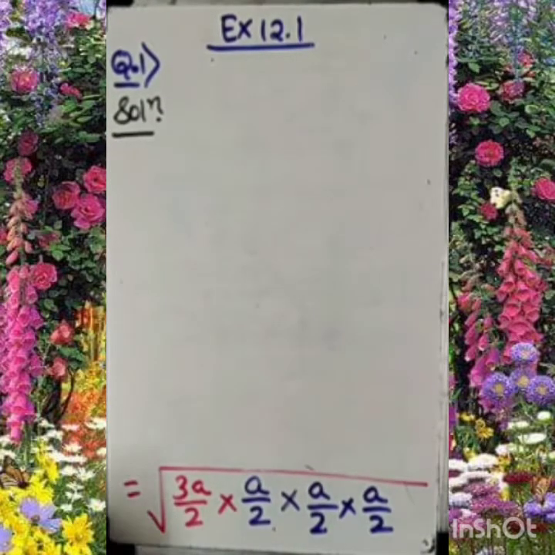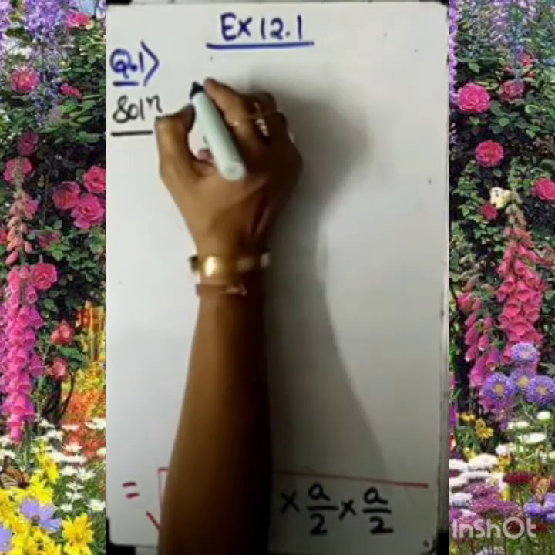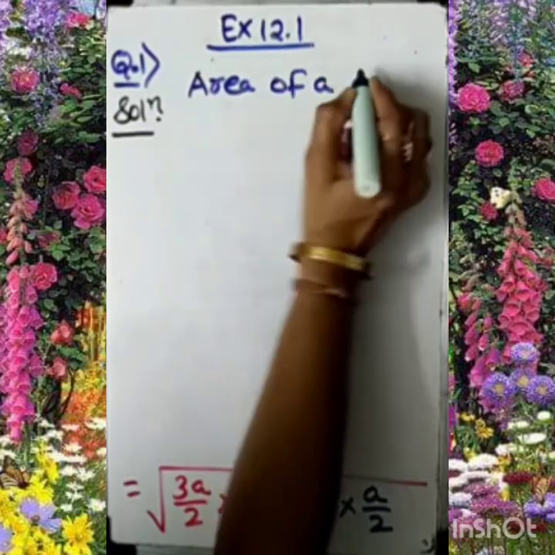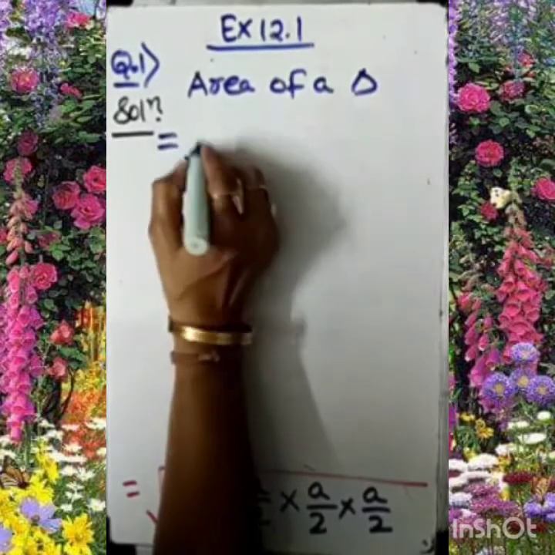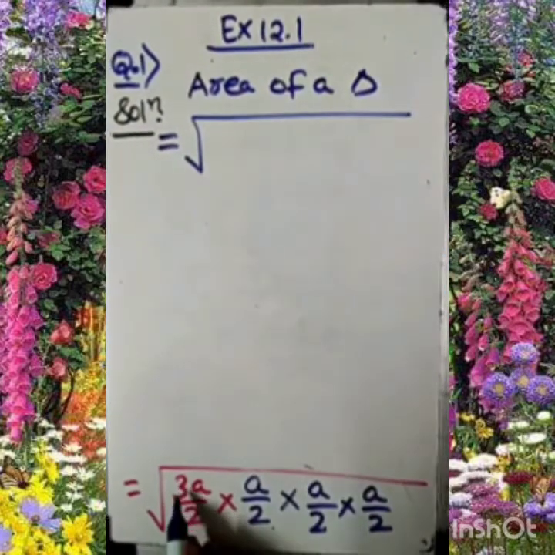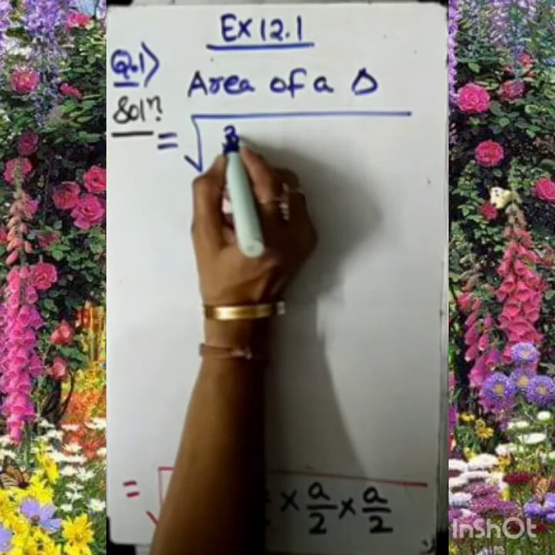So my dear student, the next step: area of a triangle equals the square root of 3a by 2 times a by 2 times a by 2 times a by 2. Here it is 3, let it be 3.